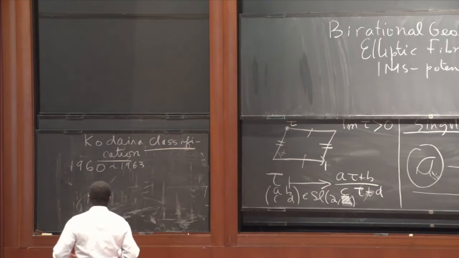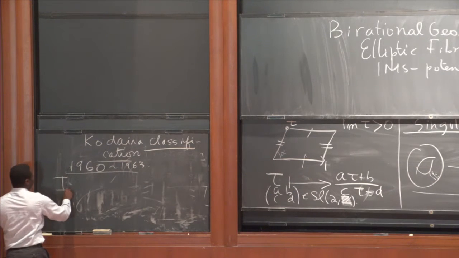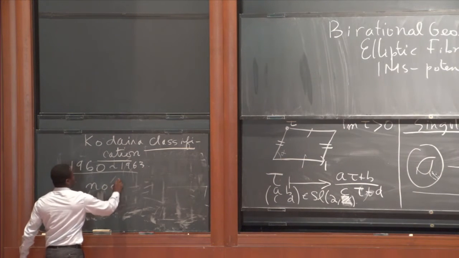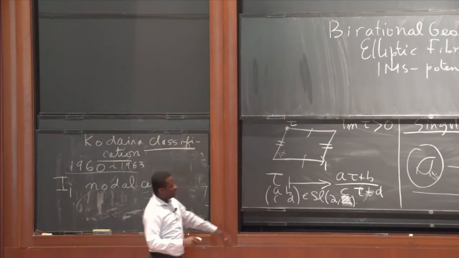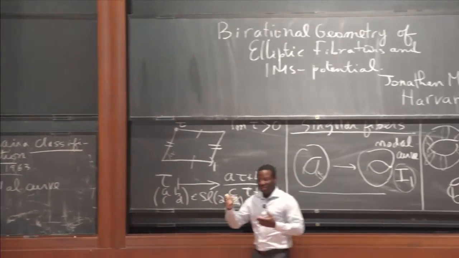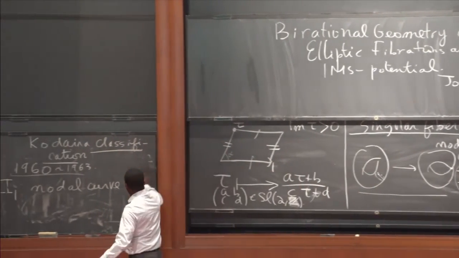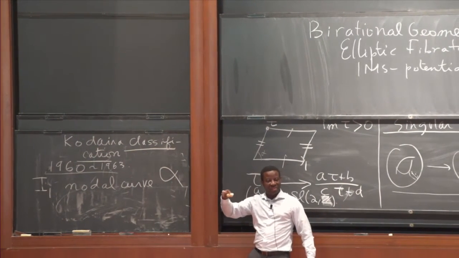And they come with the following shape. We have type 1, which is the nodal curve, which here I represented like this, but what I really mean is you have a curve that intersects itself. Usually we just draw it like this. It looks a little bit like an alpha.